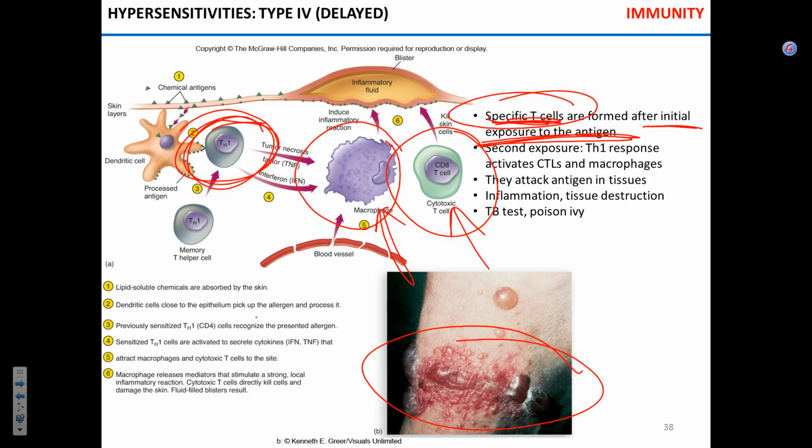Does that make sense? But so far, if you think about it, I've never had poison ivy, to be honest, but I can imagine that the damage from this is temporary. You're not going to have it forever. It's probably painful, very unpleasant, but it's temporary.